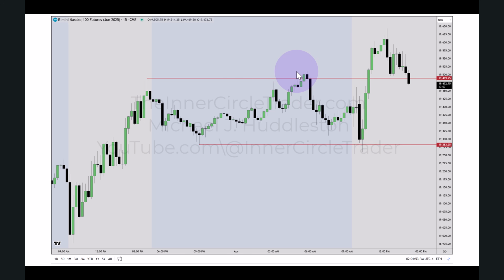Think about what I put in the Telegram channel this morning, then look at what we're showing here. Anything that happens in electronic trading hours should be confirmed in regular trading hours. There's a whole lot of significance placed on what happens after the opening bell at 9:30 Eastern time.